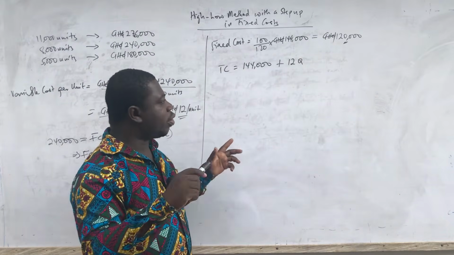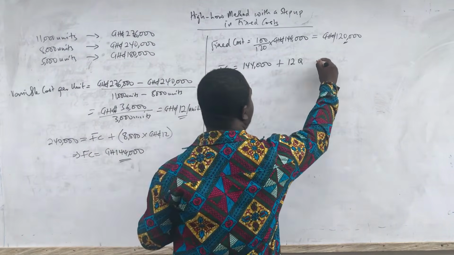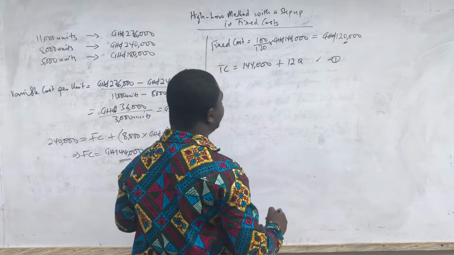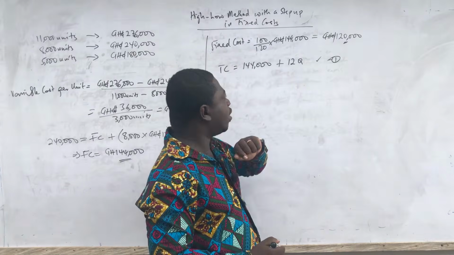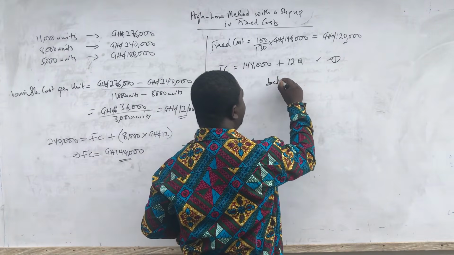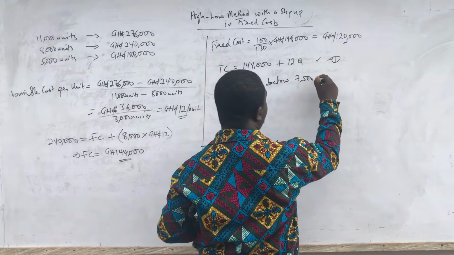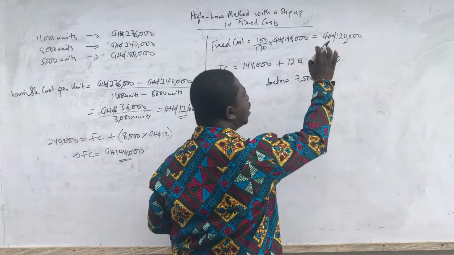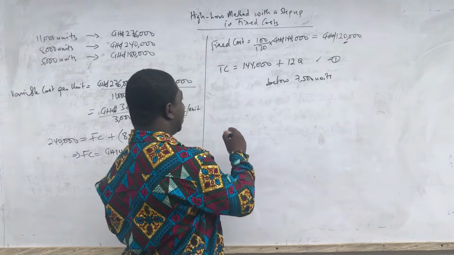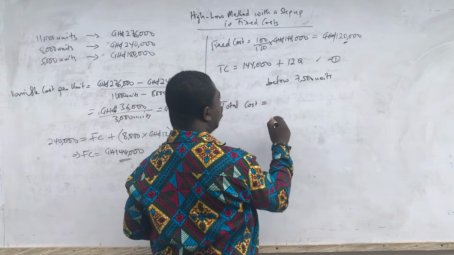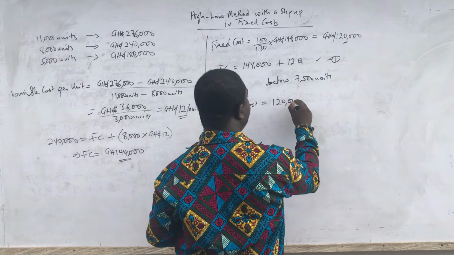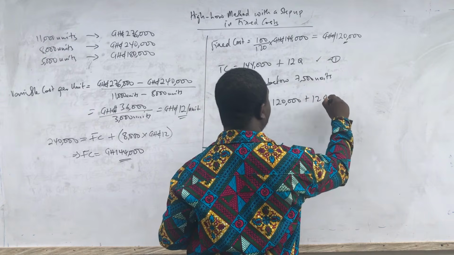We are told it is constant throughout. This is the first total cost equation for the activity level that exceeds 7,500. And for an activity level that is below 7,500 units, we have to use this lower fixed cost. And that is going to give us a total cost function of total cost equals 120,000 plus 12Q.